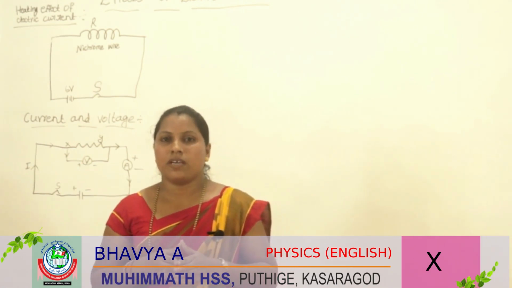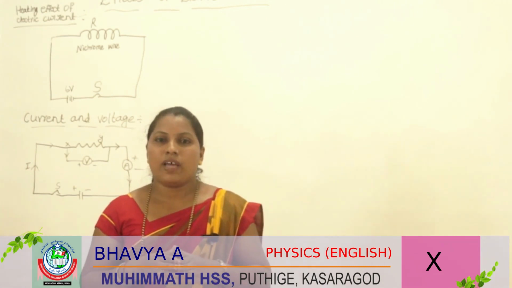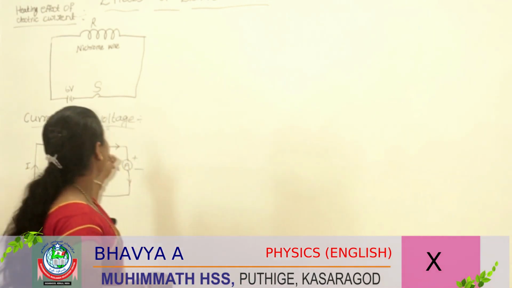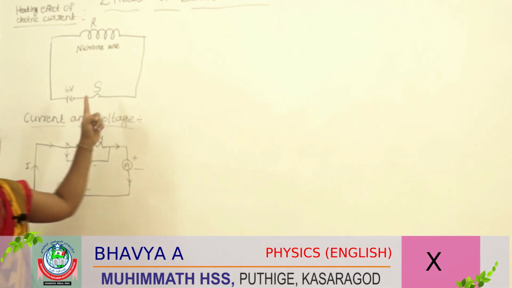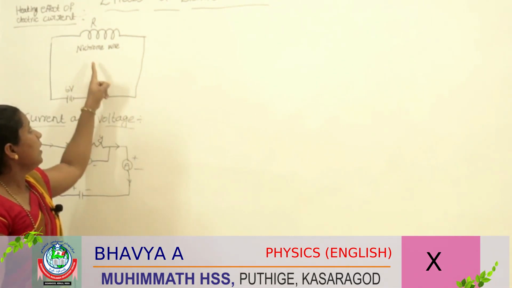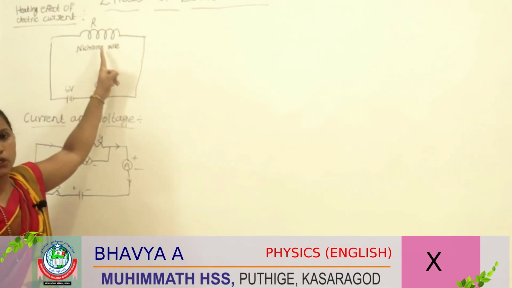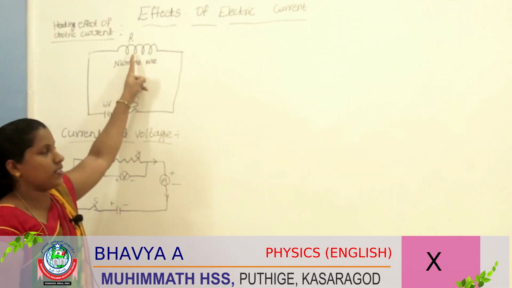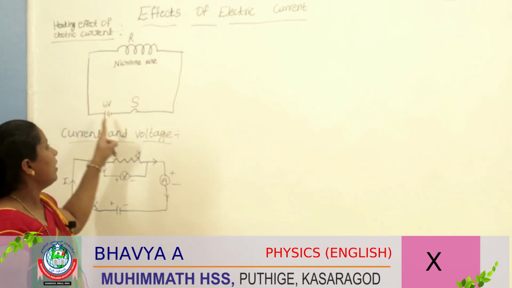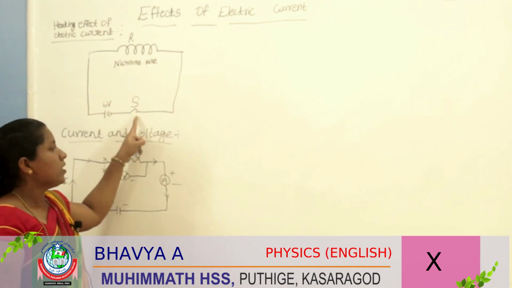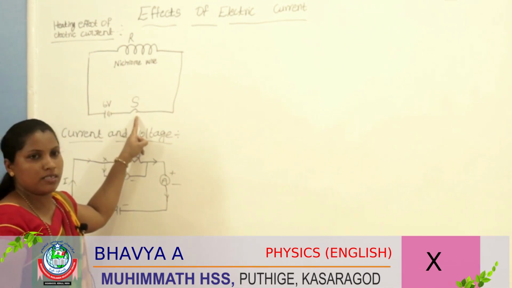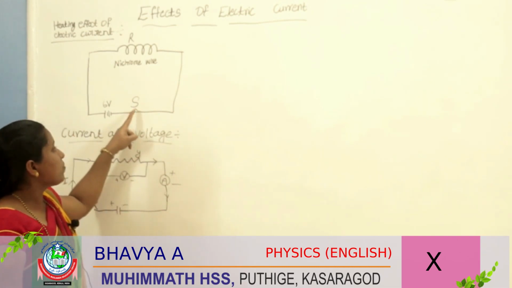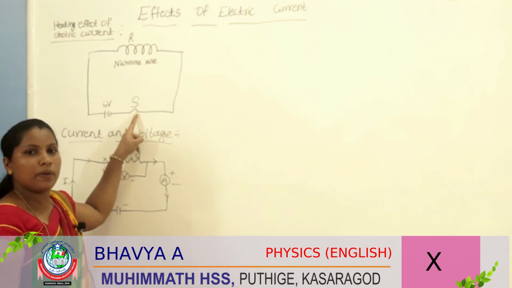Next, we are studying about heating effect of electric current. See here, heating effect of electric current. Here I connected this nichrome wire. It is represented as R. This is a resistor. Then here a battery is connected, and this one is a switch. When you switch on, what happens?